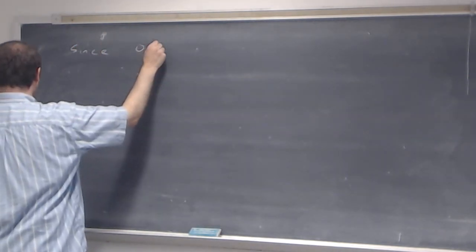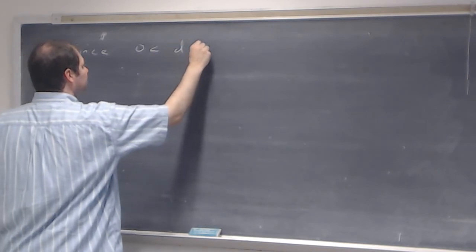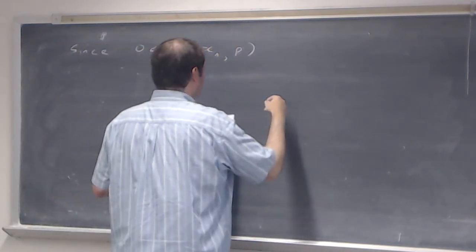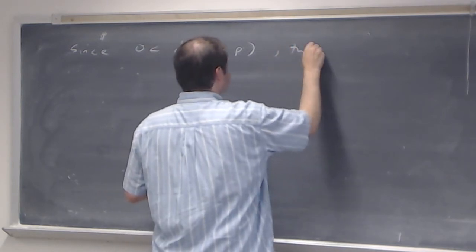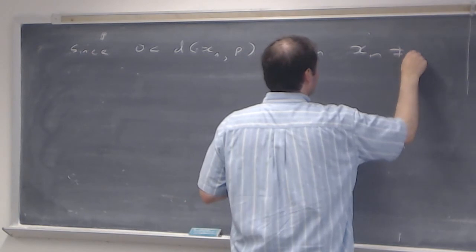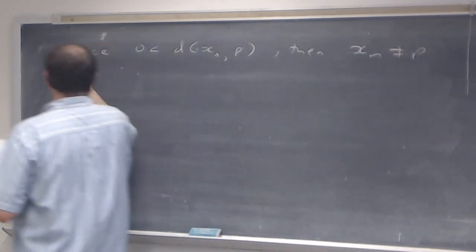Well, it's going to do what we want. Since 0 is less than the distance between x sub n and p for all n, that says that x sub n is different from p, for all n in the natural numbers.